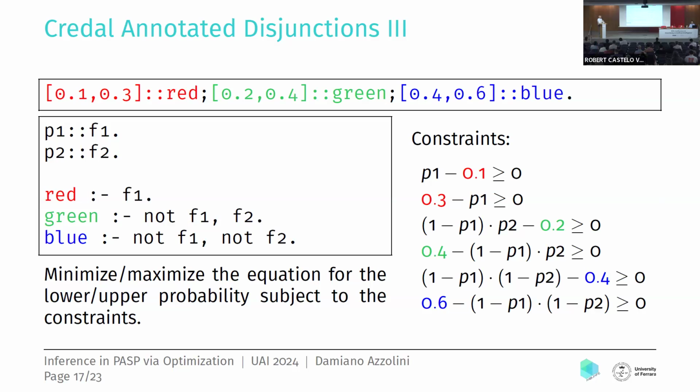Then P2, which stands for the green clause: when not F1, so 1 minus P1 times P2, this value must be in the range 0.2, 0.4. And then lastly, not F1, not F2, so 1 minus P1 times 1 minus P2 must be in the range 0.4, 0.6. So the process is the same, the constraints are a little bit more involved.